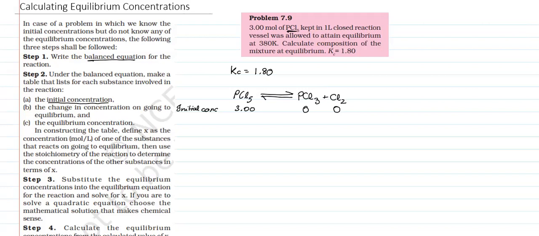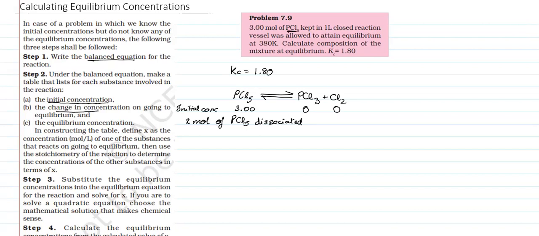Now, let's assume that X moles of PCl5 are dissociated. So X moles of PCl5 is getting dissociated. So this is the change in the concentration, right?